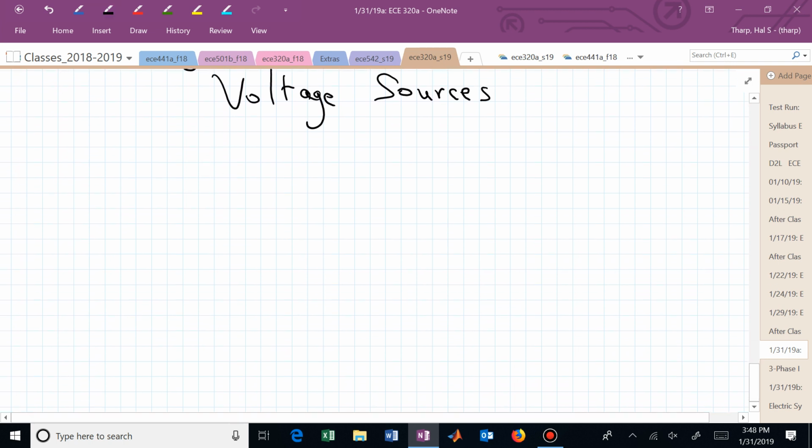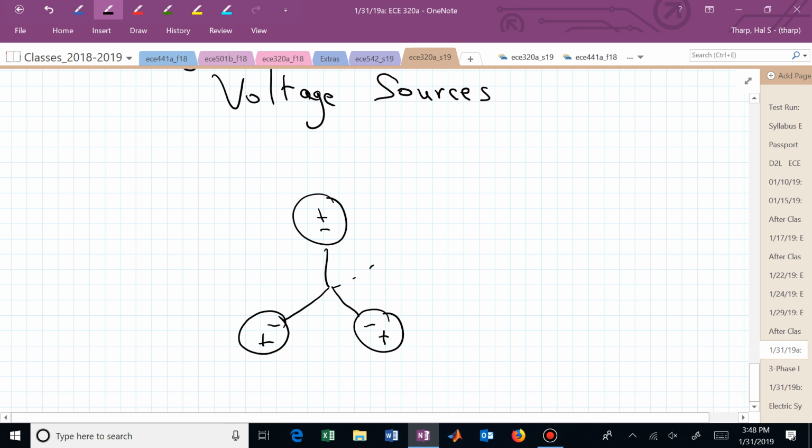We have a Y configuration where all of the negative terminals are connected, and in the Y we may identify that as the neutral conductor. This is, let's say, V sub A. Let's say this is V sub B, and this is now V sub C.